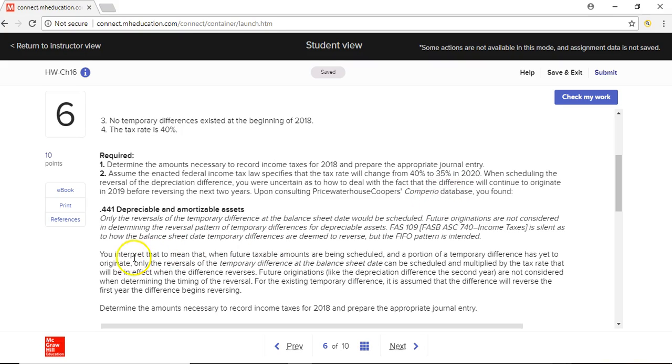Comperio database means. You interpret that when future taxable amounts are being scheduled and a portion of the temporary difference has yet to originate, only the reversals of the temporary difference at the balance sheet date can be scheduled and multiplied by the tax rate that will be in effect when the difference reverses.